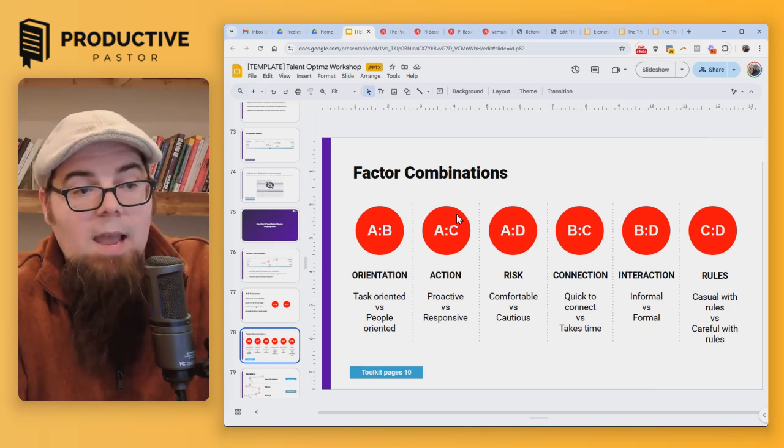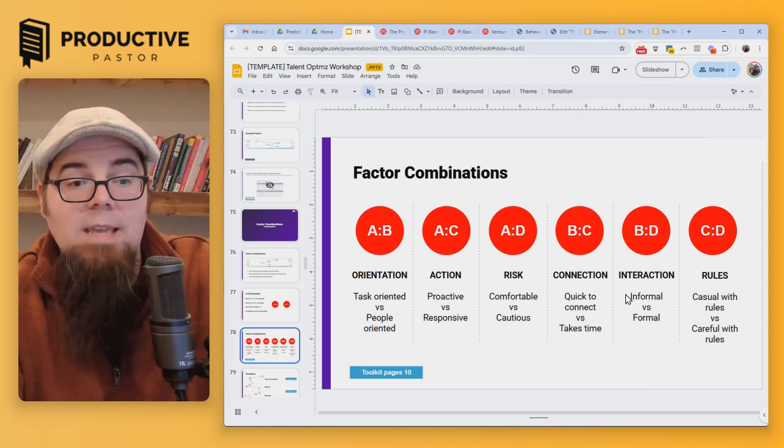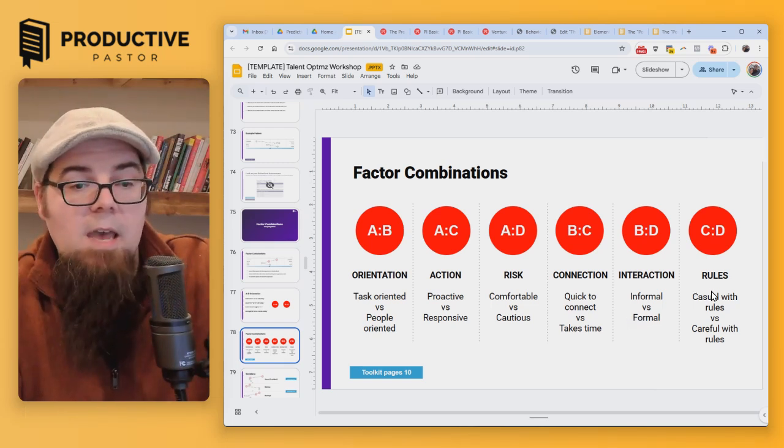What their action type is, are they proactive or responsive? What is their relationship with risk? Are they comfortable with risk or are they cautious with risk? Do they connect quickly with people or do they take time to connect? Are they informal or formal in their interactions with people? And what's their relationship with rules? Are they casual with rules or careful with rules?